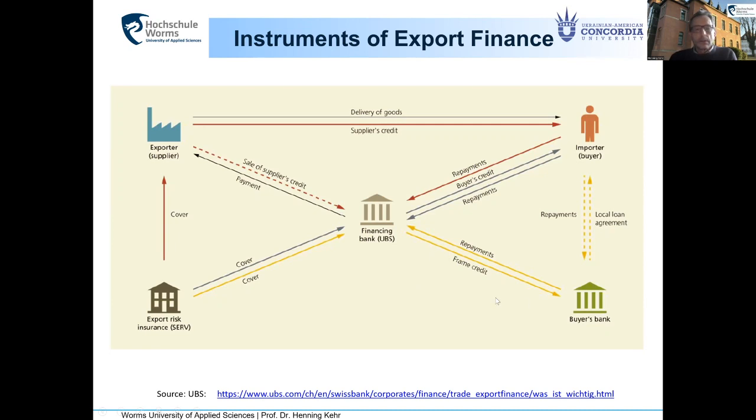So first, delivery of goods to the importer. That you see the cover on the left hand. So first of all, the ECA, the Export Credit Agency, here in that case, that's a Swiss one, is ensuring the exporter that he's able to cover mostly country risk, but also the risk of the importer, that the importer will not pay or cannot pay.